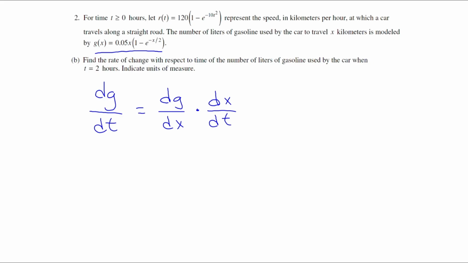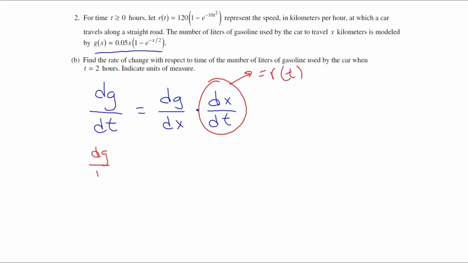And we'll note that this dx dt value that we're getting here, well, that's the rate of change of the kilometers with respect to time. So that's just our speed, right? This is just equal to r of t. It's the rate of change of the kilometers with respect to time. So we're looking for dg dt at 2.